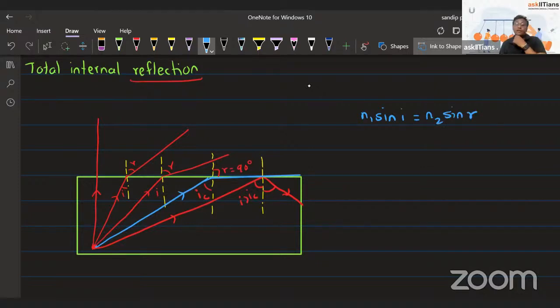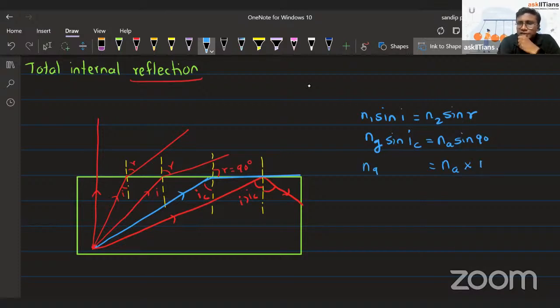N1 means the first medium, which in this case is glass, so let's say Ng, N for refractive index, G for glass, sin IC, because that is our critical angle here. N2 means N air, sine of 90. We know that sine 90 is 1. So this is Ng sine of IC.